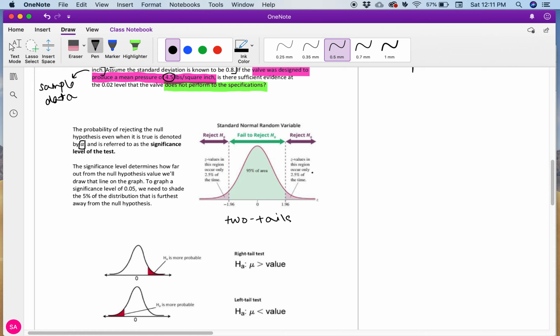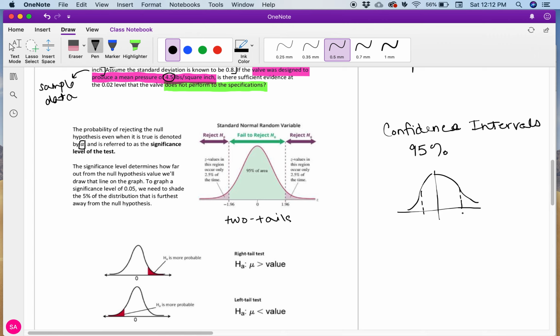Real quick, I just want to bring you back to when we did confidence intervals. So for example, if we had a 95% confidence interval, here's my curve. What that meant was, we had these critical values that cut up our graph. And if we had a 95% confidence interval, that meant 95% of the area lived between those critical values in the middle here.